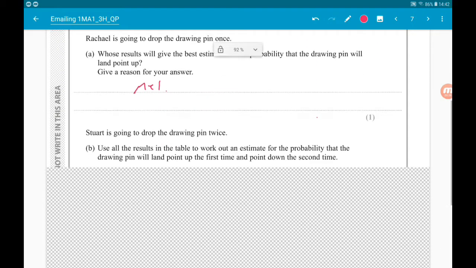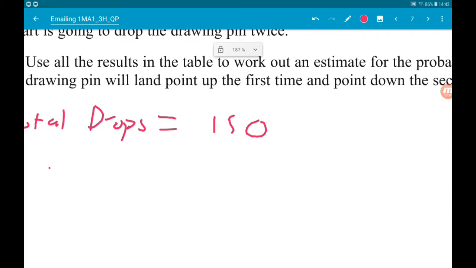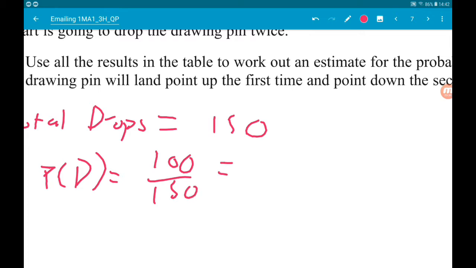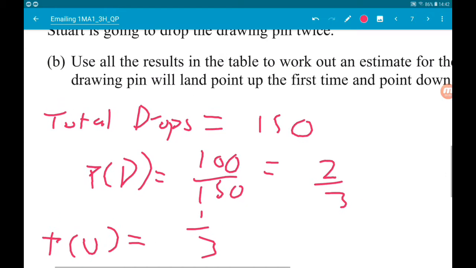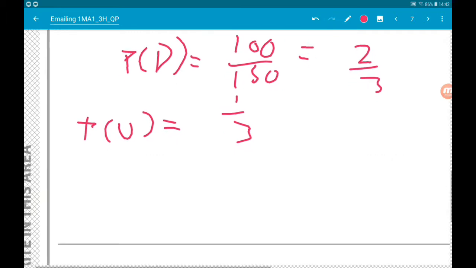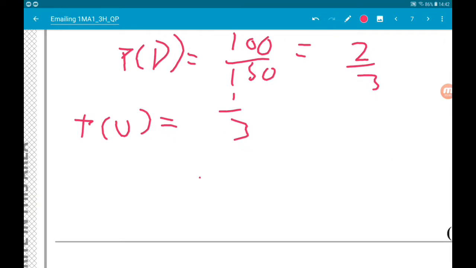So the probability it lands down is 100 out of 150, which is 2/3. So then the probability it lands up is 1/3. Now if we want the probability it lands up and then down, we do 1/3 times 2/3, which is 2/9.